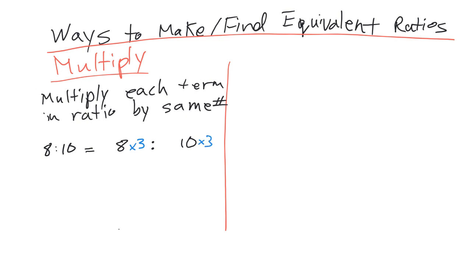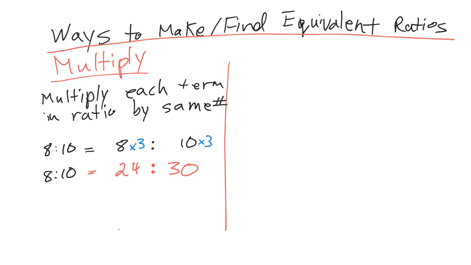Now, 8 times 3 gives us 24, and 10 times 3 gives us 30. So you can say that 8 to 10 is equivalent to 24 to 30.